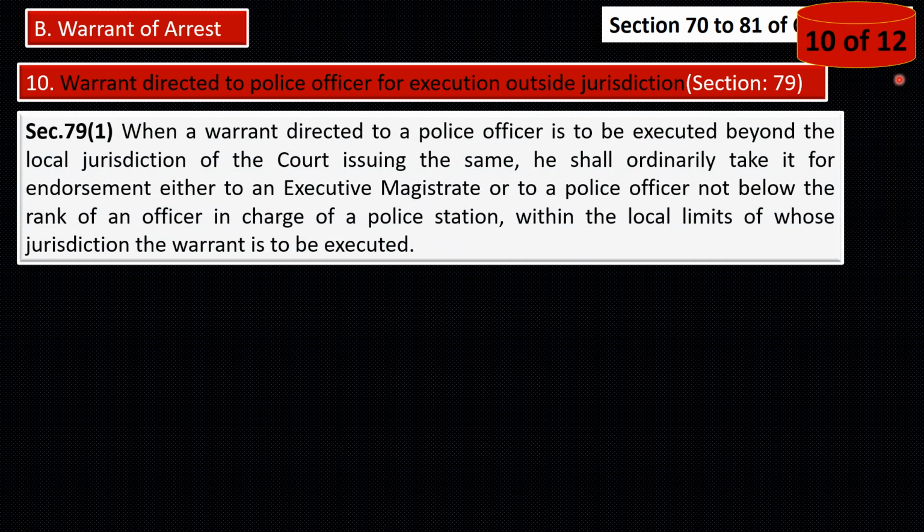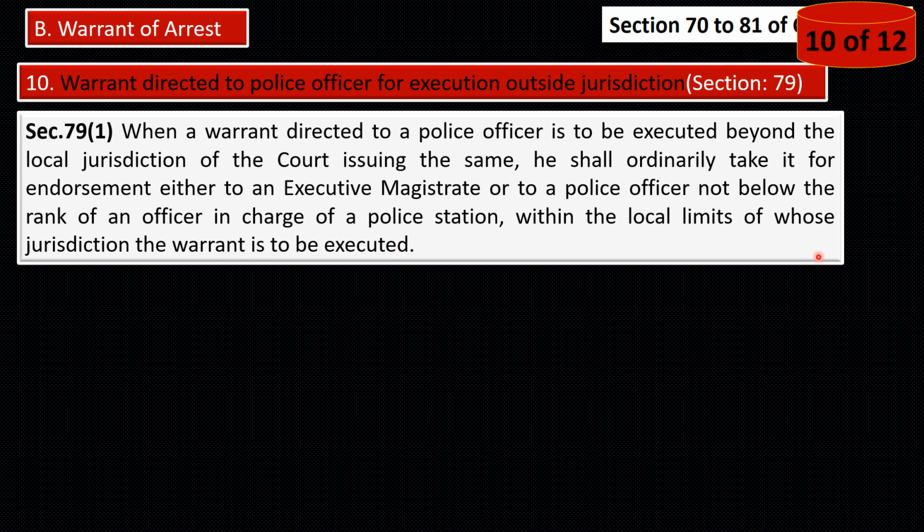Subsection 1 of section 79 says this: when a warrant directed to a police officer is to be executed beyond the local jurisdiction of the court issuing the same, he shall ordinarily take it for endorsement either to an executive magistrate or to a police officer not below the rank of an officer in charge of a police station, within the local limits of whose jurisdiction the warrant is to be executed.